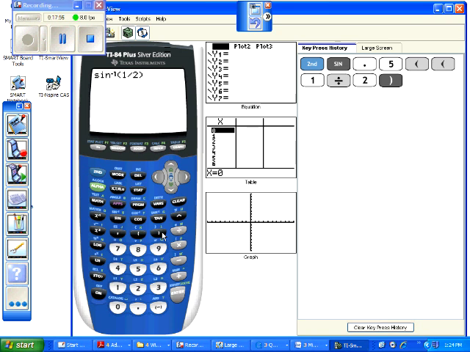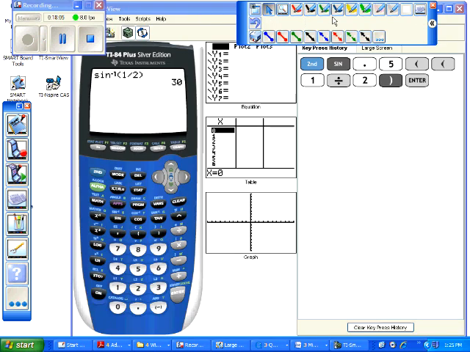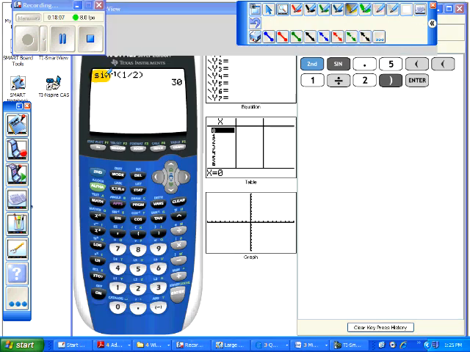It means the sine of what is a half. And what's the answer? 30 degrees. So sine to the -1, which we actually hit second sine to get there, really is arc sine, and it's saying what angle has a sine of a half.